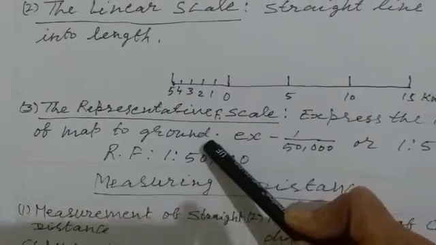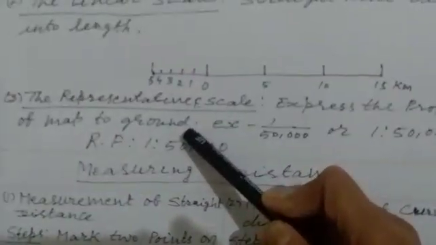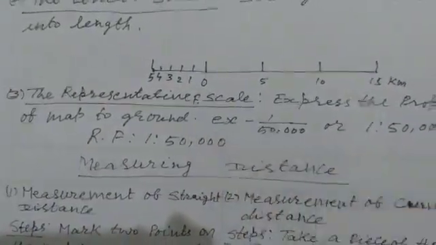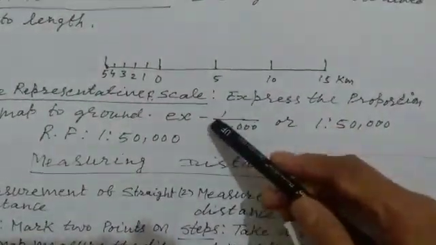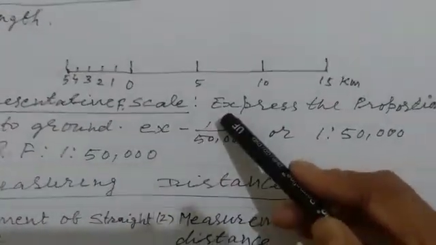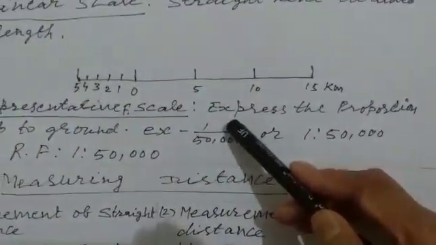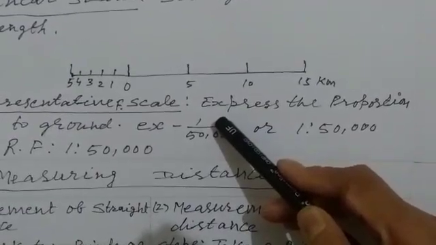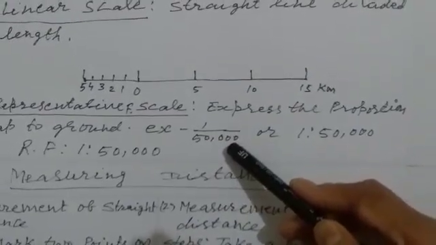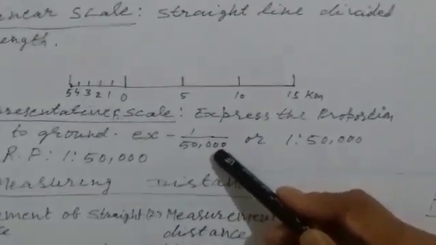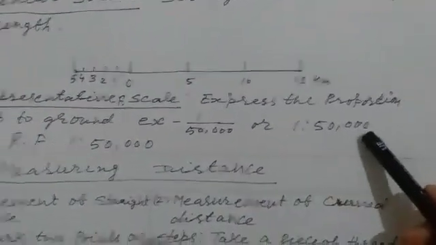In other words, the representative fraction is expressed as a fraction, like 1 by 50,000. 1 is the numerator, 50,000 the denominator. 1 is always the numerator and denotes map distance, and 50,000, the denominator, denotes ground distance. So 1 is to 50,000. Clear?